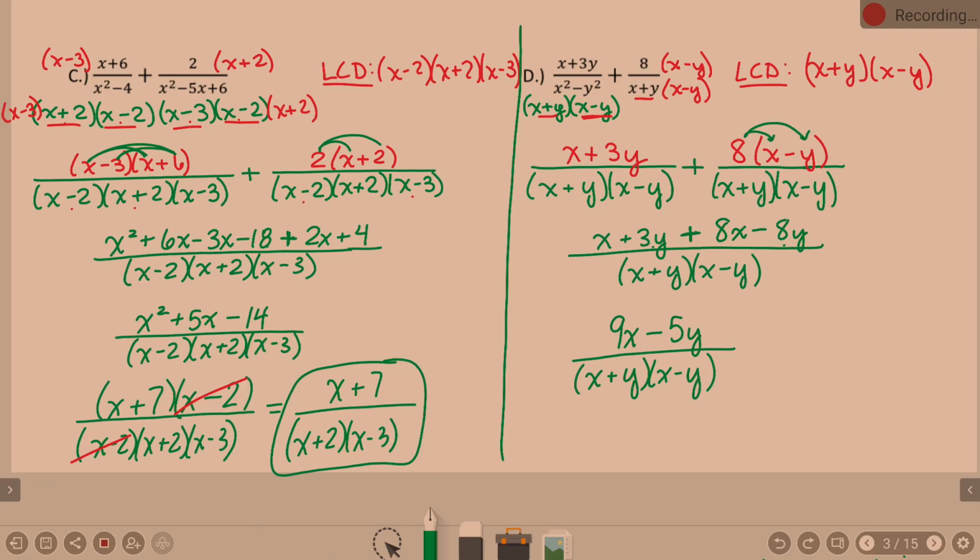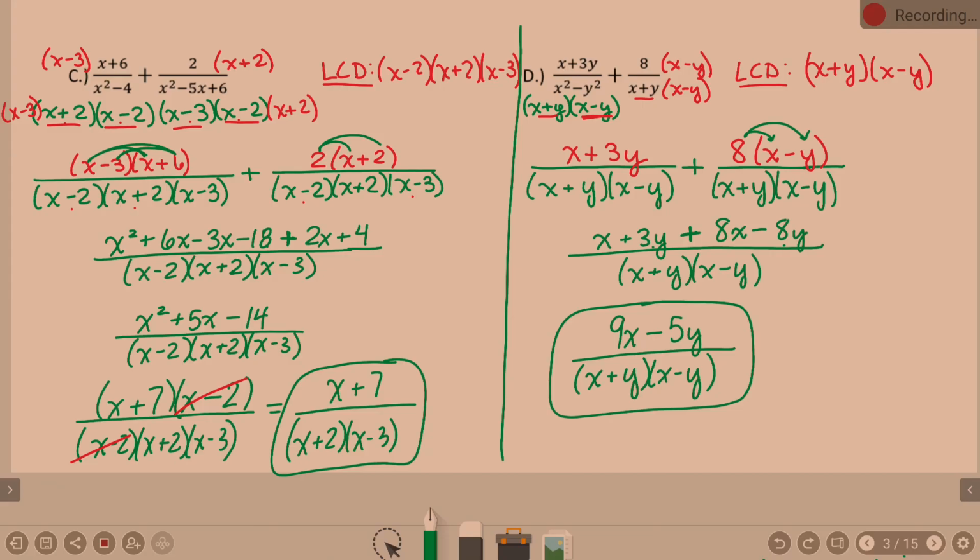Anything I can do to that numerator? 9x minus 5y, there'd have to be a numerical GCF, and there's not, so we're going to stop there. So that refreshes your brain of what we did yesterday.